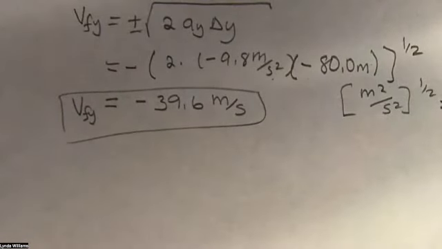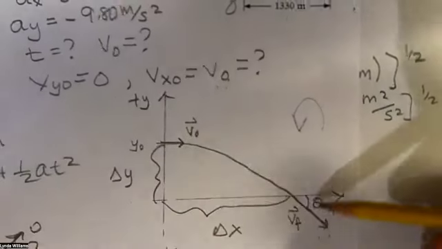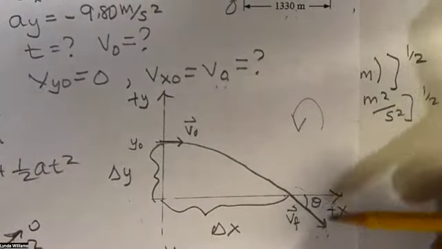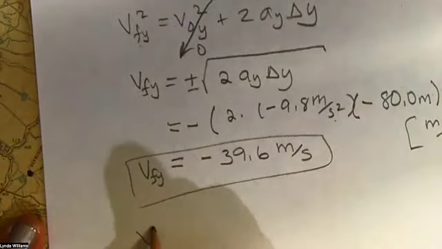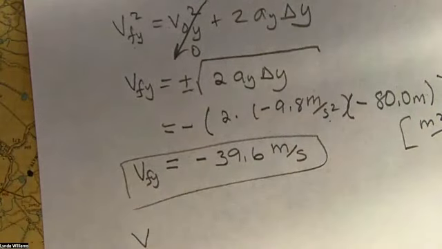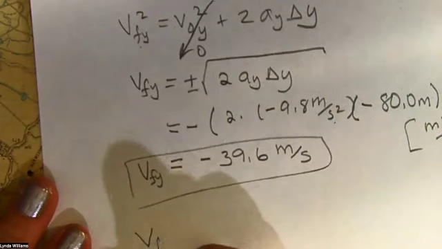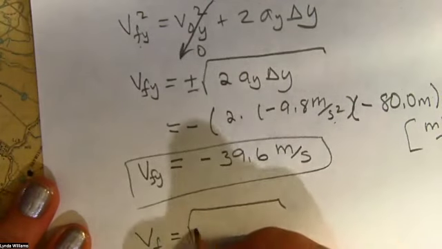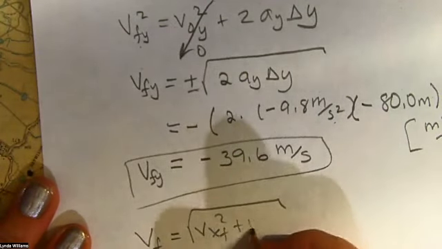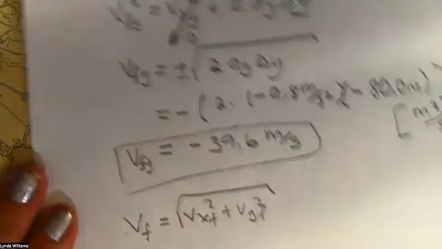Okay, now how do I put this together to get the total velocity? Because this is only the y component of the final velocity. So I will use the rules of vectors that the final velocity total is the square root of Vx final squared plus Vy final squared, yeah?